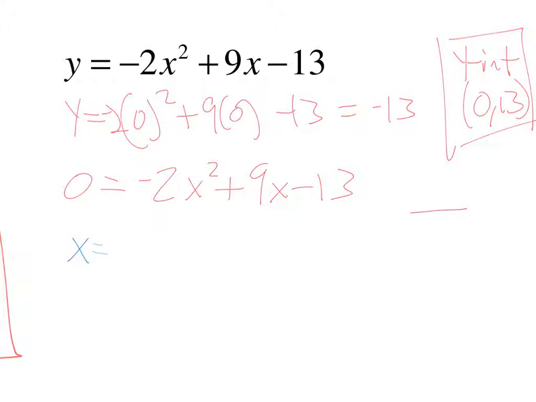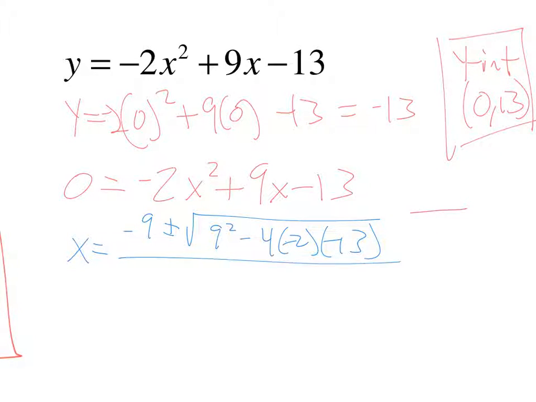And so we have x equals negative b plus or minus square root b squared minus 4ac, where a is negative 2, b is negative 13, all over 2a. Okay, so we get 81, and this is going to be a negative 4 times 2 times, it's negative because we got a negative times a negative times a negative.